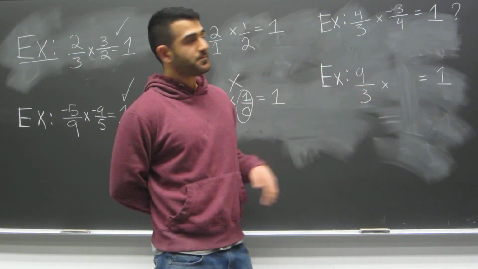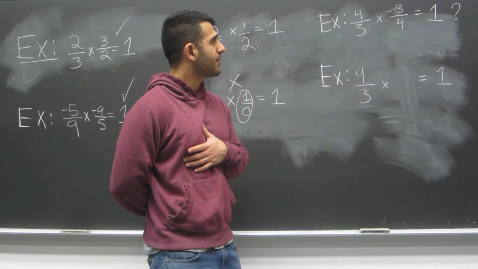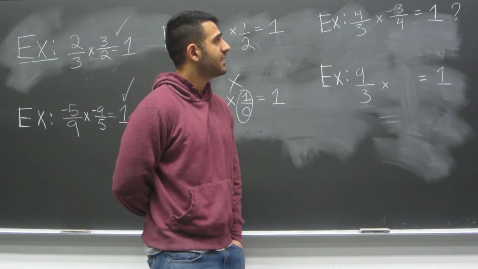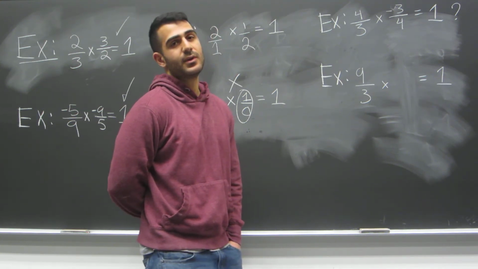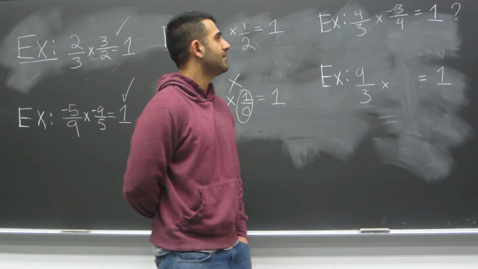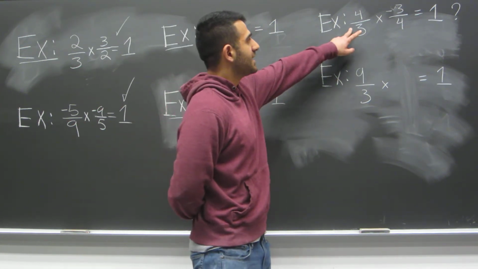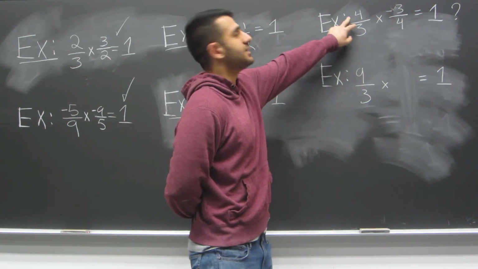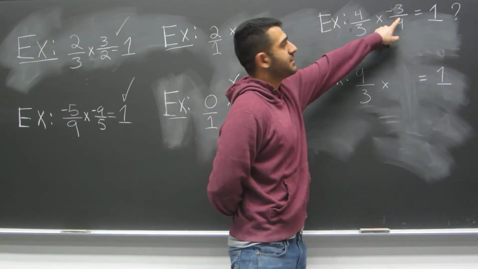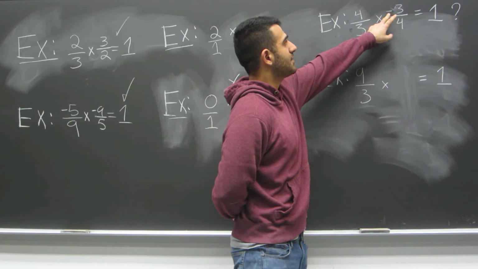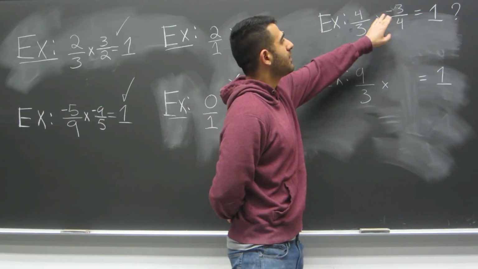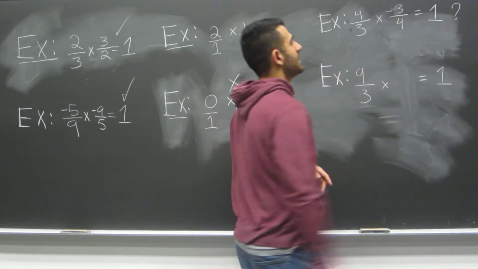Let's do these two. So is 4 over 3 times negative 3 over 4 equal to 1? Now, again, I guess this is somewhat of a trick question, but because the original fraction was positive, it is the flip, but we also have a negative over here. So when we multiply this, we won't get 1, we'll get negative 1.